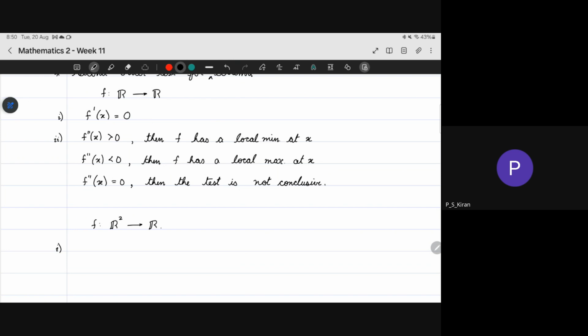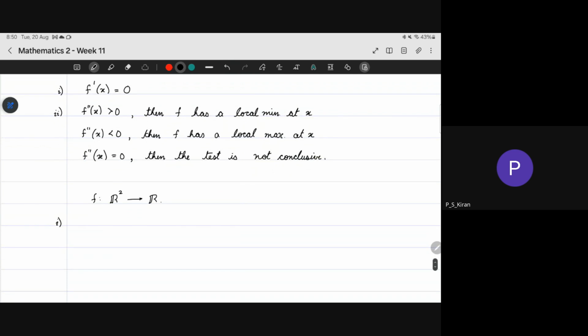What is condition 1 in the multivariable case? The gradient has to be 0. The gradient is a vector, so it's a 0 vector, which means equivalently f_x at a is 0 and f_y at a is also 0.